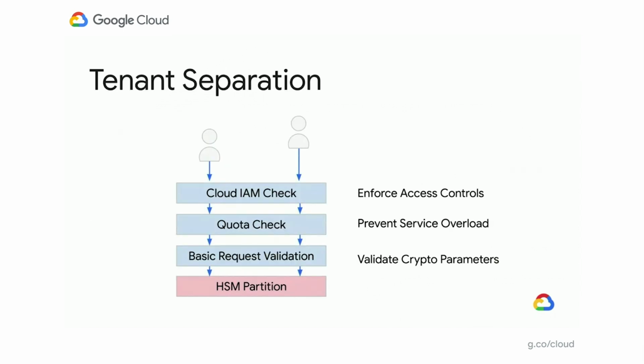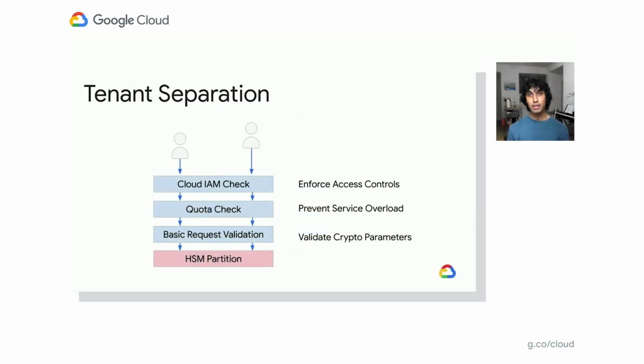First, when a customer does an operation, we check whether they have permission to do the operation in Cloud IAM. By using Cloud IAM, you can use the same set of permissions and policies that you use to manage the rest of your cloud resources to also manage your HSM keys. Second, we check that the customer has sufficient quota to do the operation.